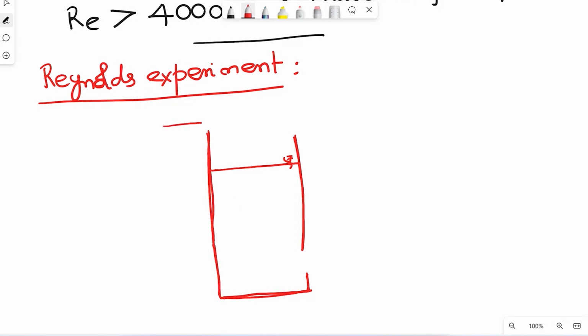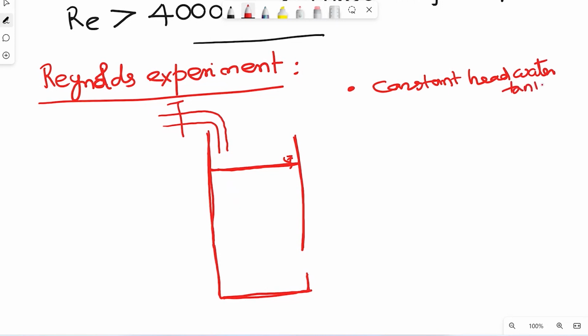He has put an input supply here, and by regulating the valve here, the water level is always maintained constant. So the first point to remember is a constant head water tank. The water head is maintained as constant.